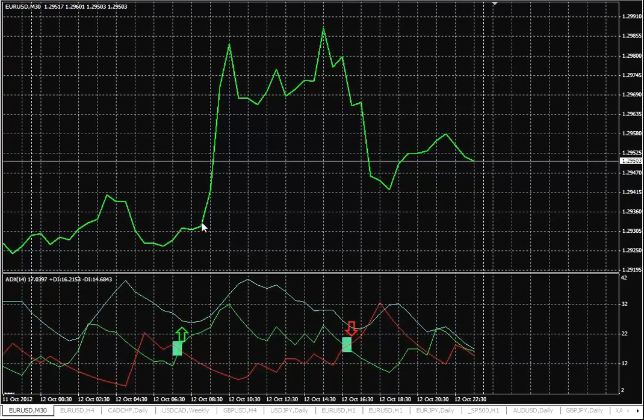You see a price action which is almost vertical here. Be sure that this is a continuation signal. You also see a price action which is almost vertical here. That's a continuation signal. It can't get any simpler than that.